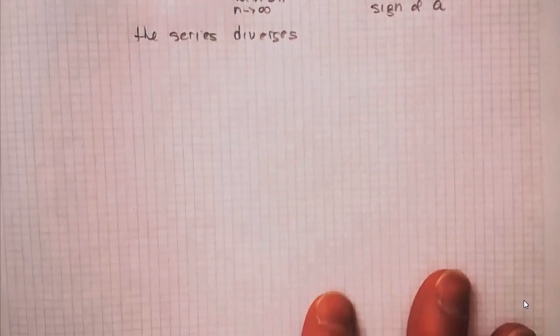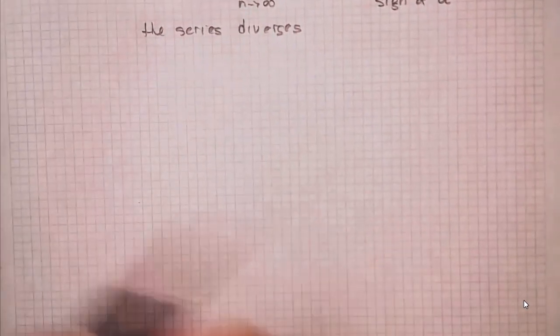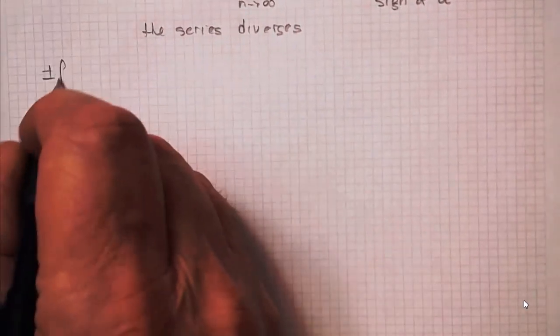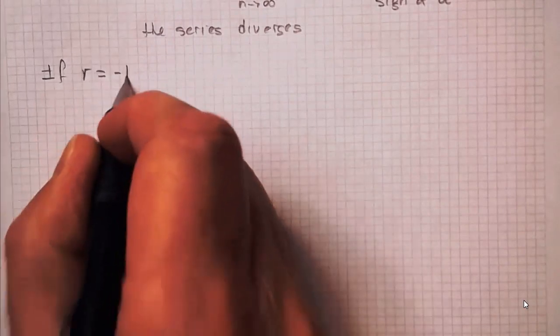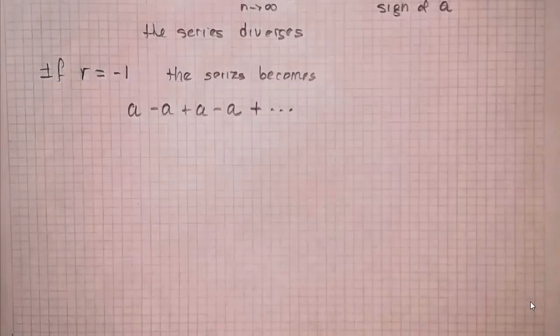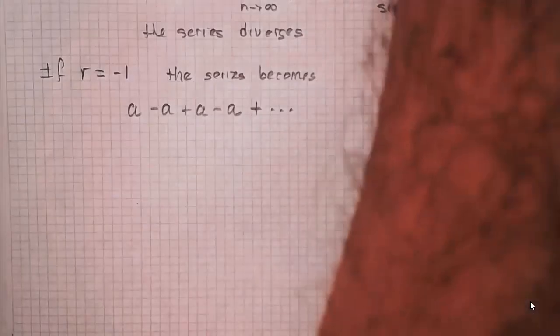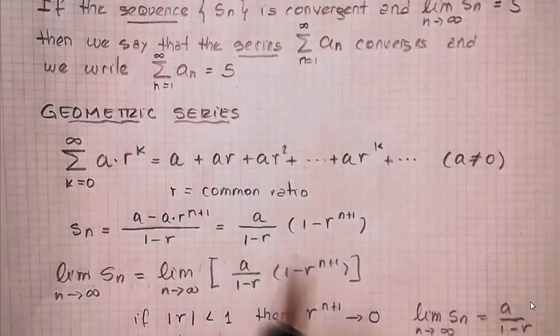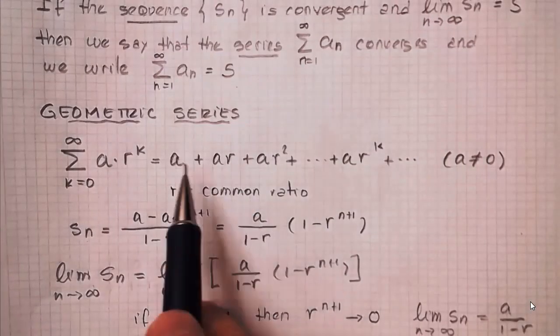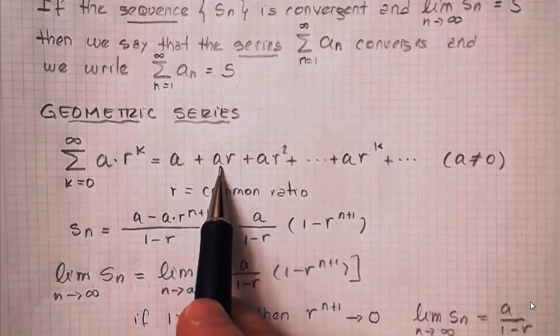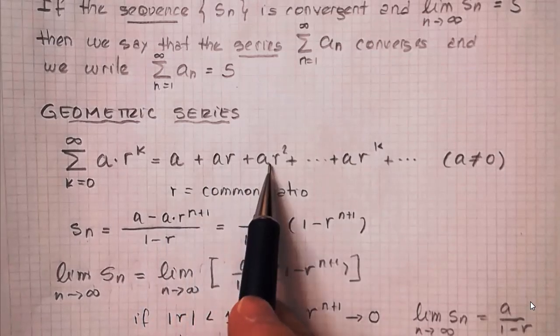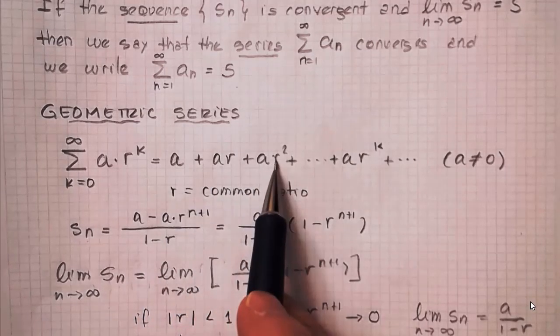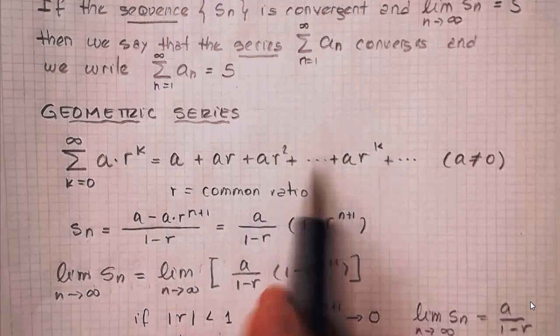Now, what happens if r is equal to -1? In that case, the series becomes, notice if r is -1, then we're going to have a, -a, then we're going to have a again because -1 squared is 1, and then -a, and so on.